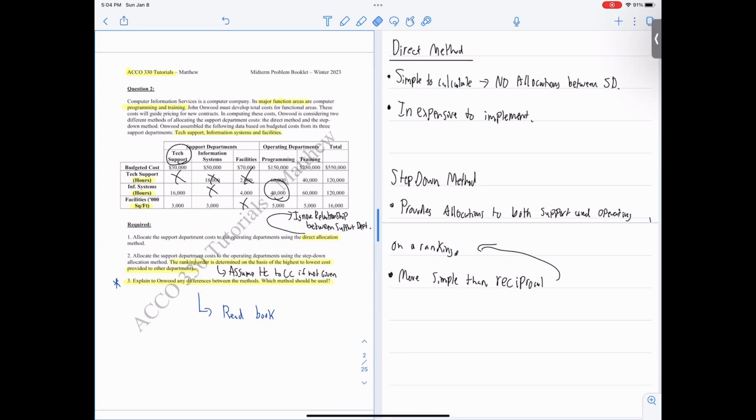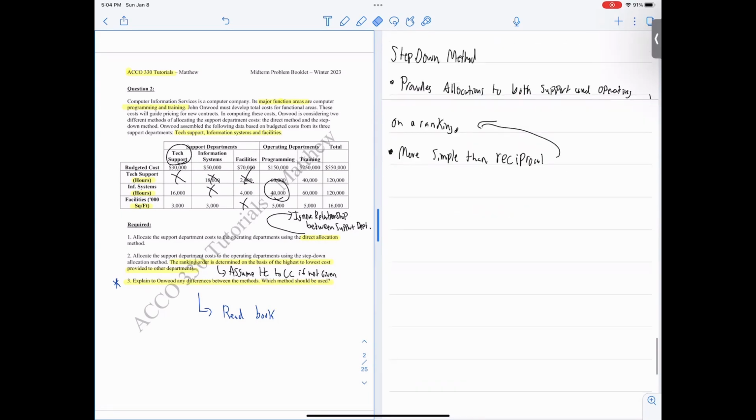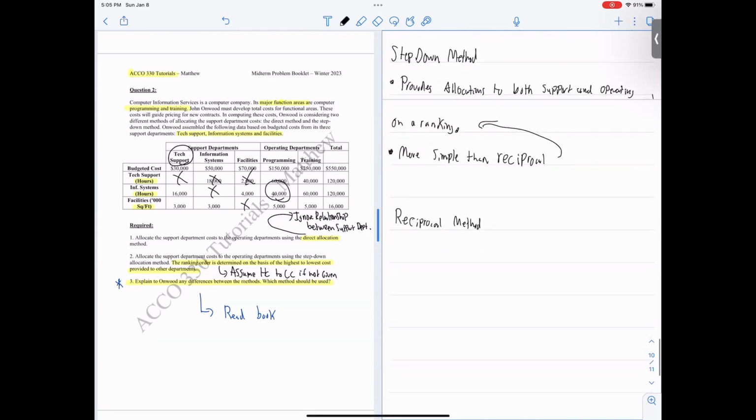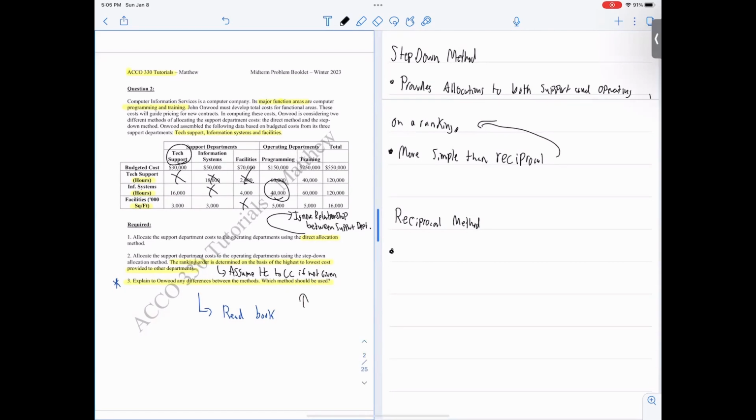All right. Now, last but not least, you have reciprocal. And you can also say it's more inexpensive. Reciprocal method's the last one. Now, guys, in this question, they also ask you what method should be used. They don't only ask you the differences. So in this question, we explain the differences.